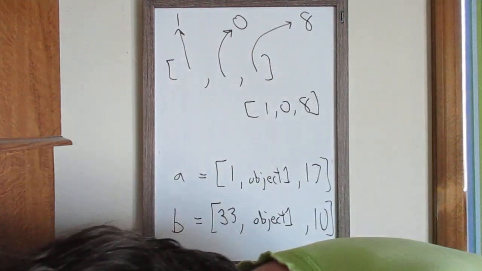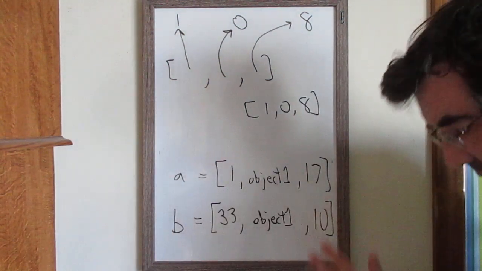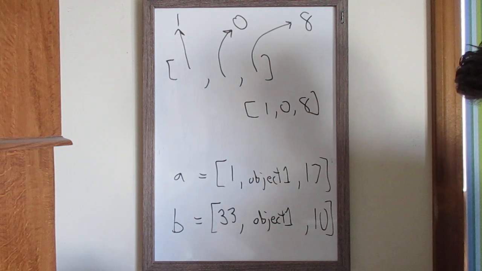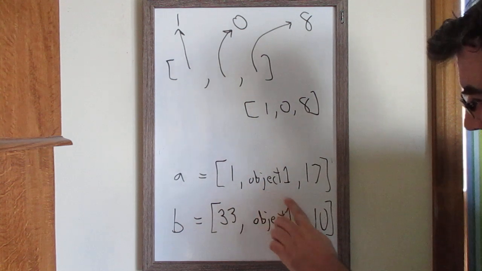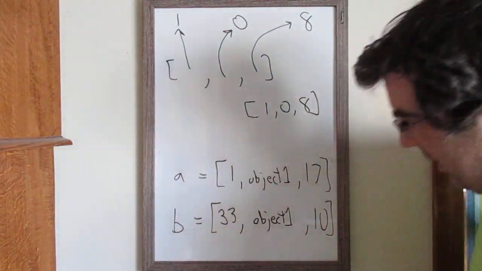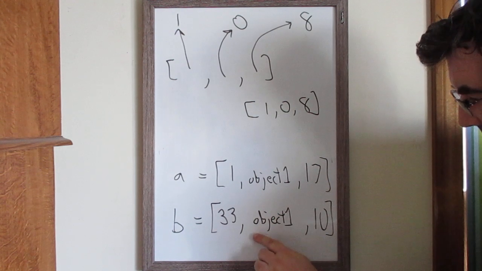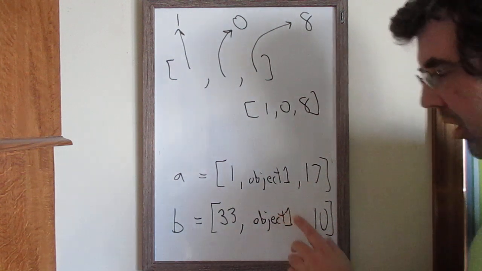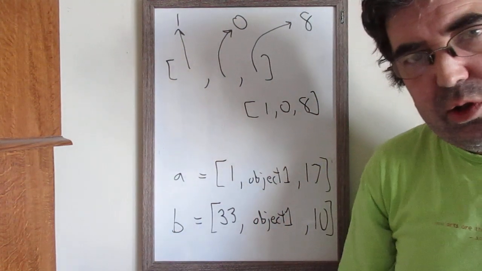Okay, now consider this other example. Object 1, I put inside both the array A and B. Object 1 is not a number or string.